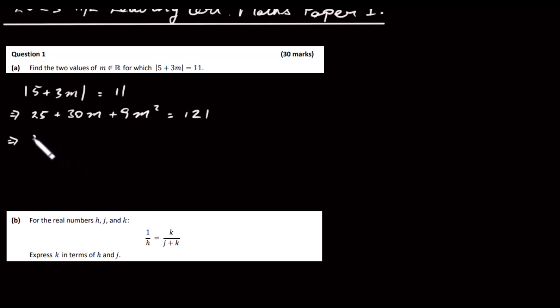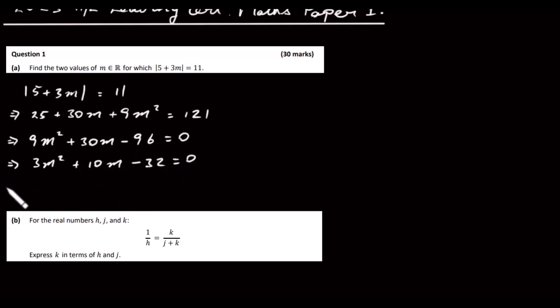So on the left hand side we'll have 9m squared plus 30m and then minus 96 equal to 0. Now I can see here I can divide across by 3. So here I'll have 3m squared plus 10m minus 32 equal to 0.